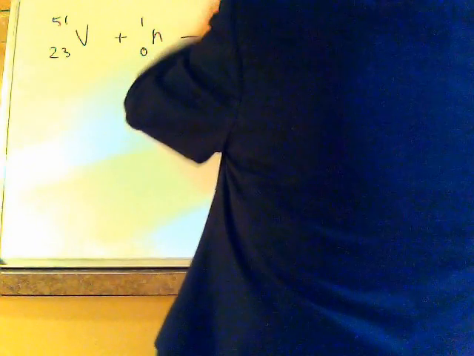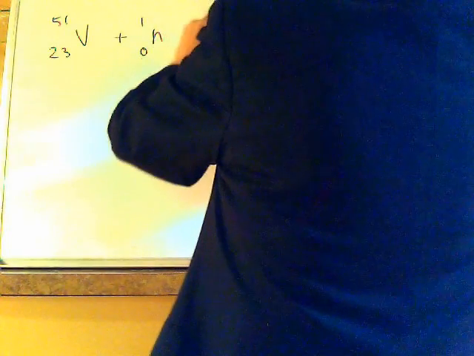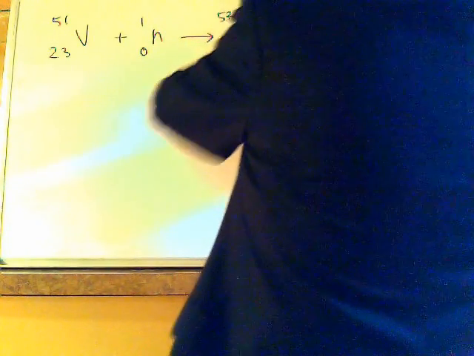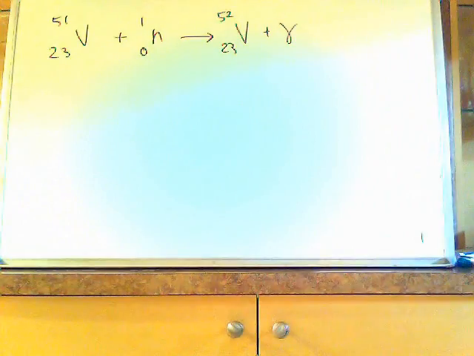So we're going to take vanadium-51, and we're going to irradiate it with neutrons, and it's going to give us vanadium-52 plus a gamma photon, which will be produced in the process.